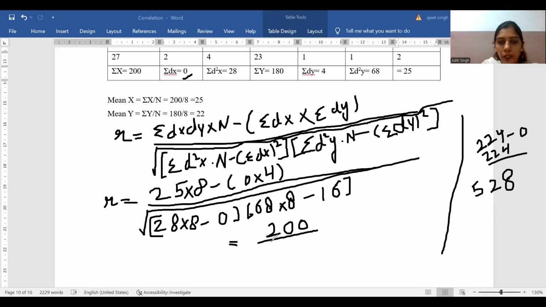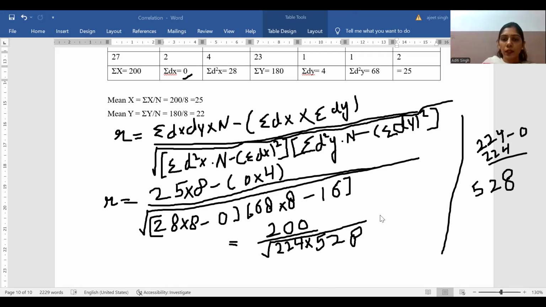Divided by under root 224 multiply by 528. Okay, so now we have to solve this lower part. 224 multiply by 528 and then the whole root.